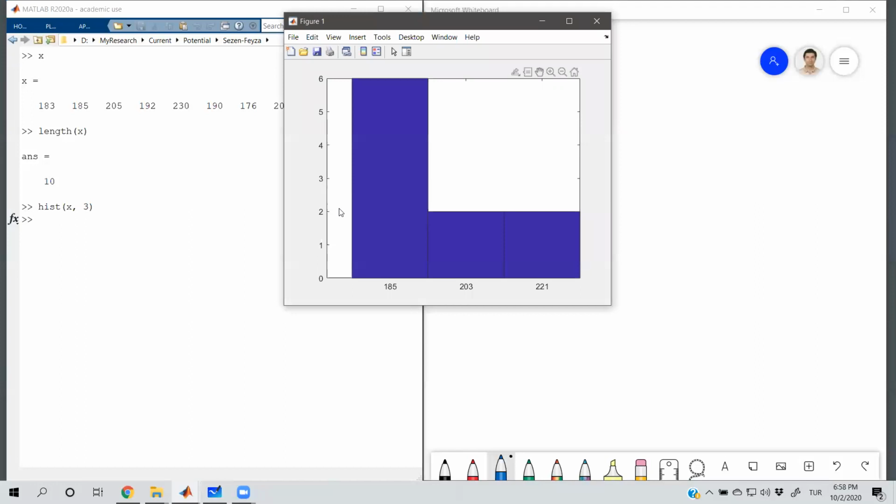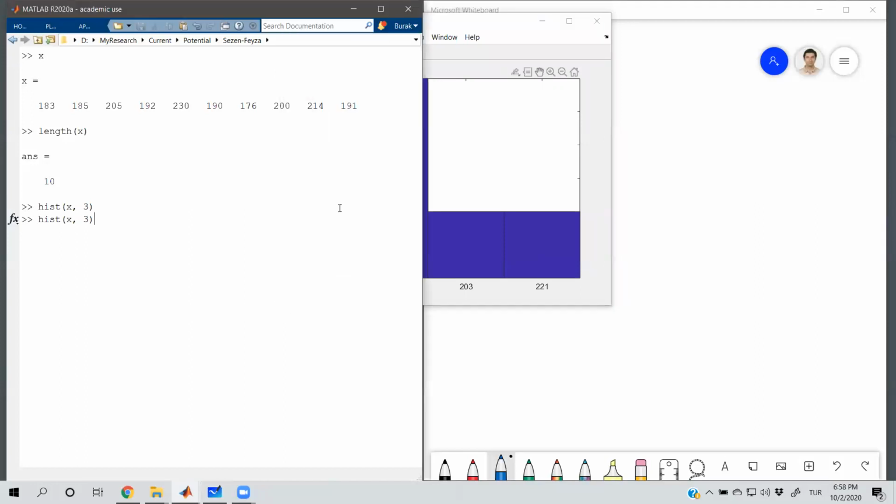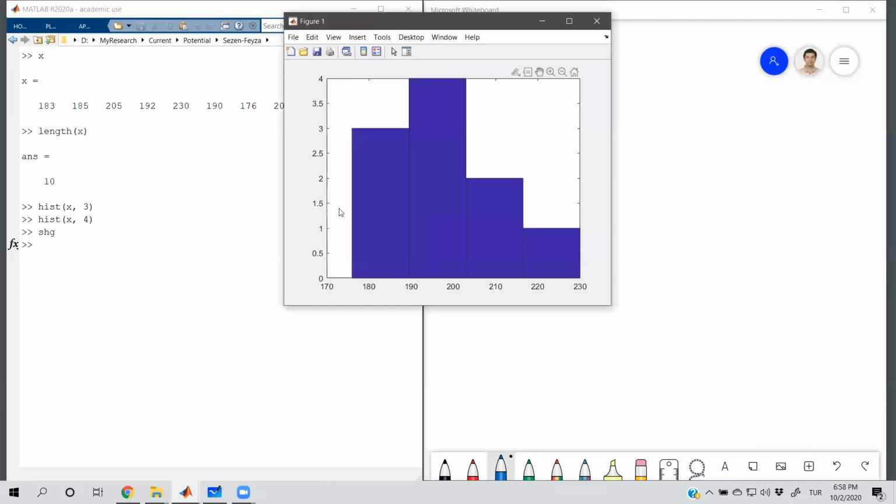If you use 3 bins, this is going to be the result, and as you can see, this has got nothing to do with the normal distribution. When it comes to 4, one may tend to think that this may be a normal distribution, but even dividing this into 4 equal bins may be too much, because we have only 10 observations.